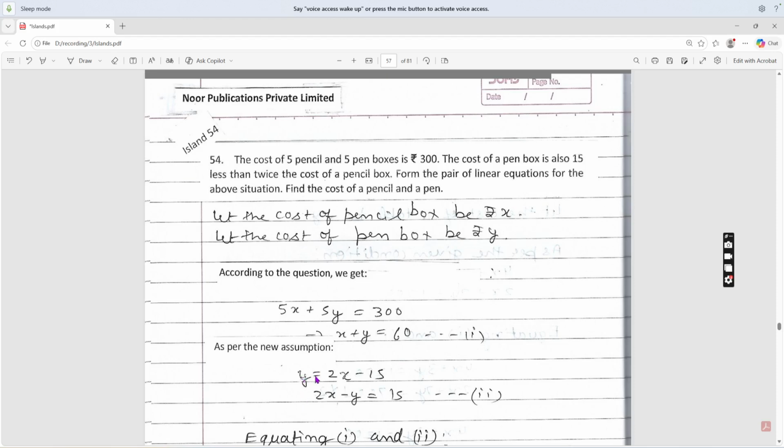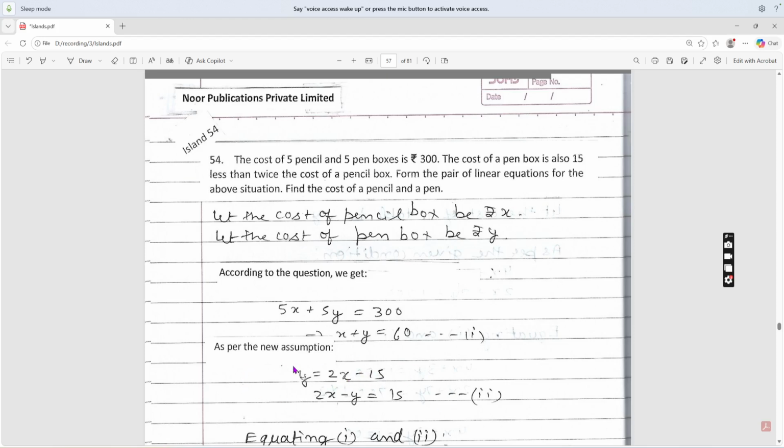So y is equal to 15 less than twice the cost of the pencil box. What is the cost of the pencil box? That is x. So twice the cost of the pencil box is 2x. And what is less 15? That is minus 15. So y is equal to 2x minus 15.